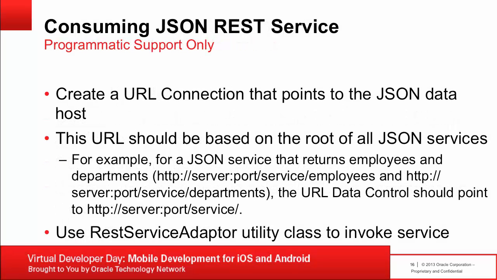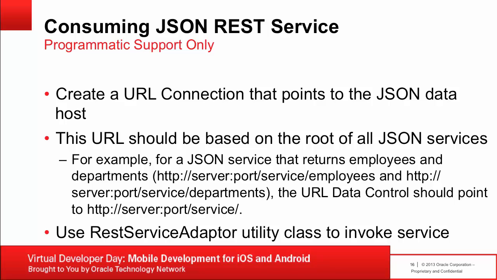To consume JSON REST services, you will need to create a URL connection that points to the JSON host server or the root of the JSON service. For example, for a JSON REST service that has employees and departments, such as server:port/service/employees and server:port/service/department, the URL data control should just point to the root of the JSON service, which is server:port/service.